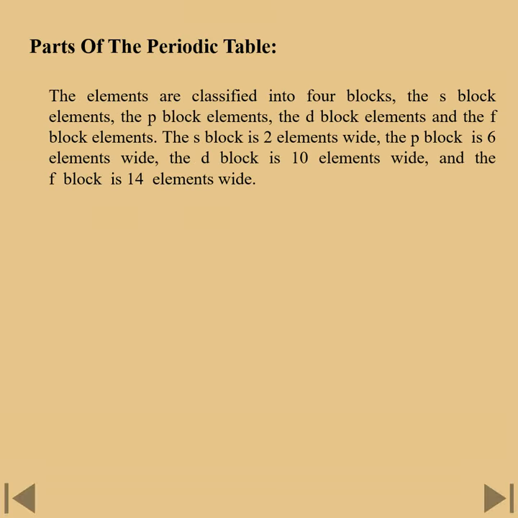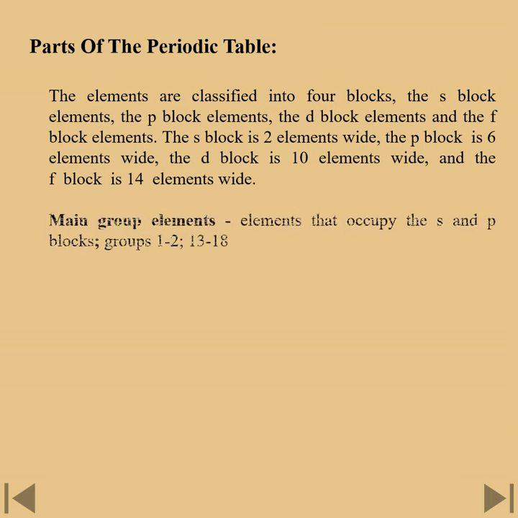Okay, onto the different parts of the periodic table. And I'm going to show a periodic table in a moment where we see the S, the P, the D, and the F block. I'll get to that in a moment. But when you look at your periodic table, we have the main group elements, which are the left and the right shoulders. These elements are very predictable, and we'll find it's because their last electrons went in the outermost shell.